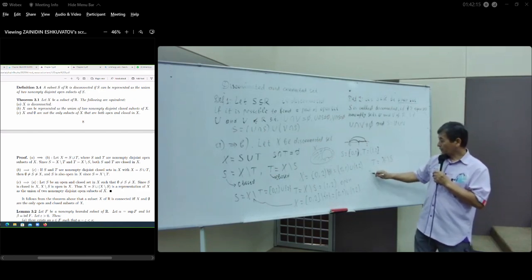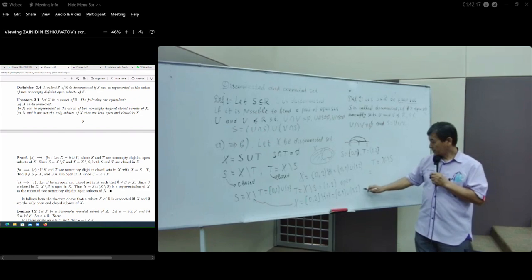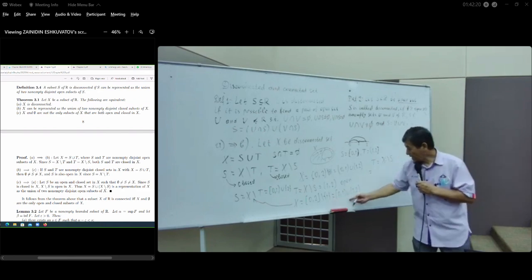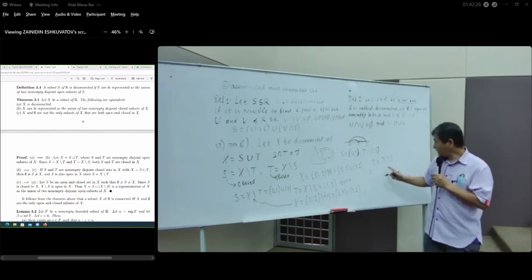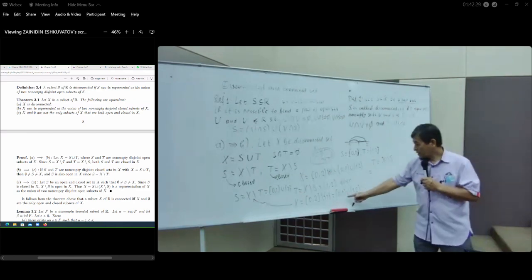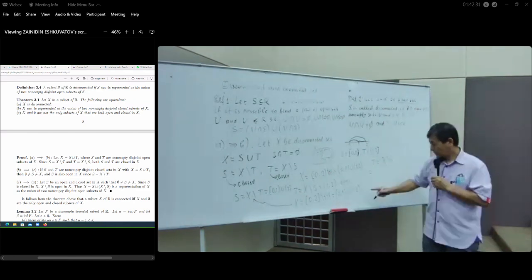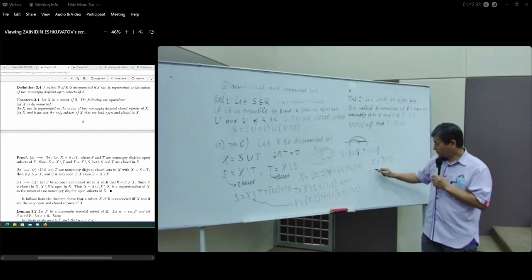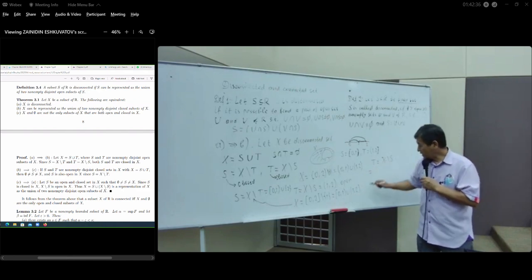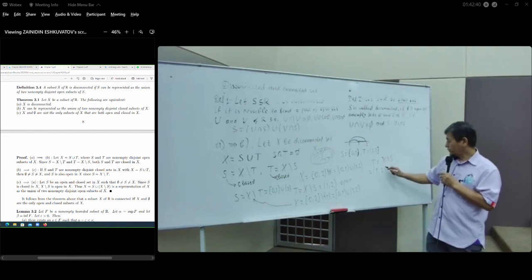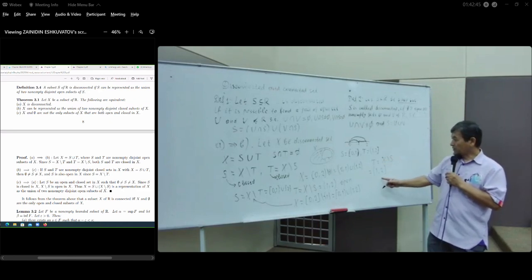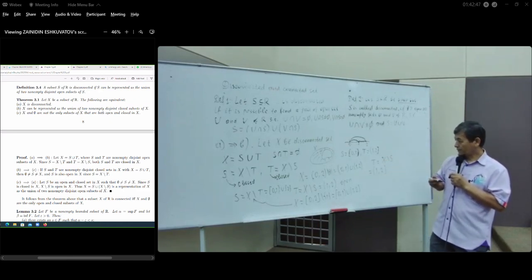Okay, let me see. X is this one. From X, I am taking out S, 0 up to 1. If I take out 1, then I will have 1 to 2, and this is really T. But T is not closed.